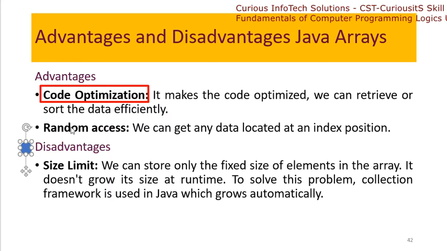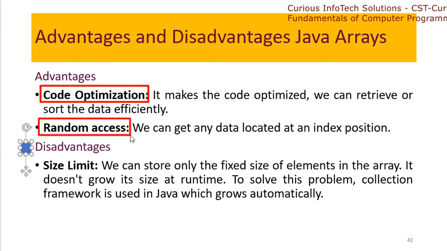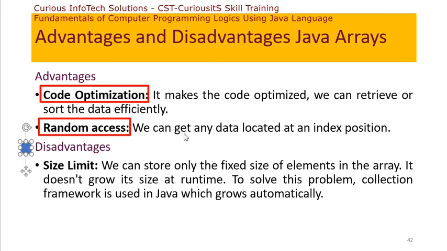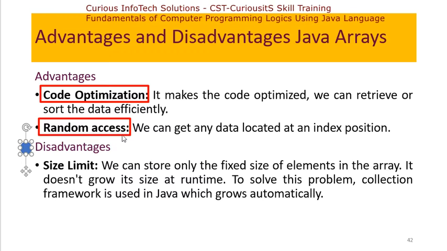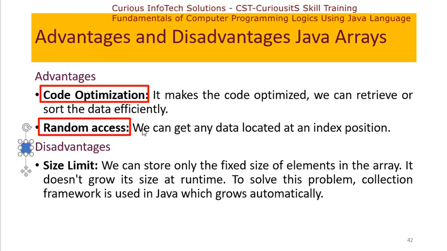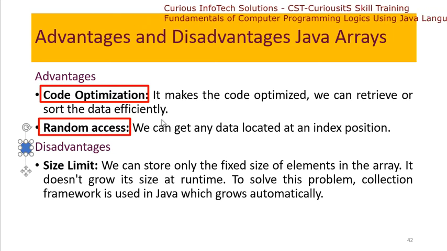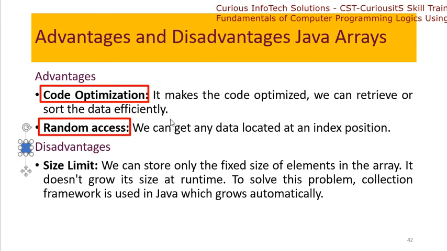You can also think of random access. As we know, whenever we use an array, we have to access all values from top to bottom or first to last. So if we access the first number or the last number, the time should be the same.